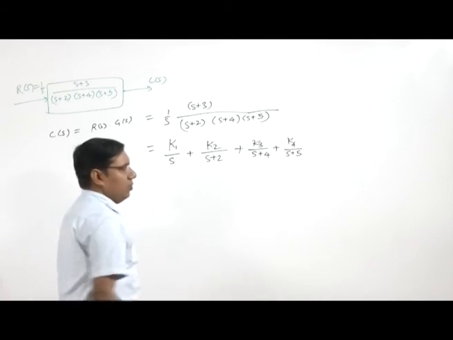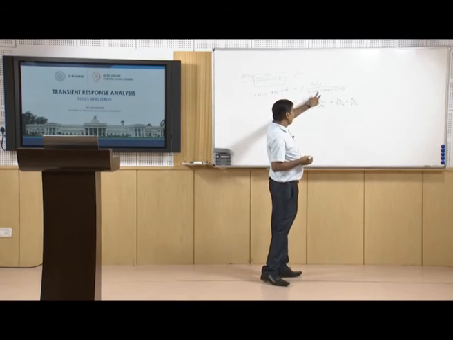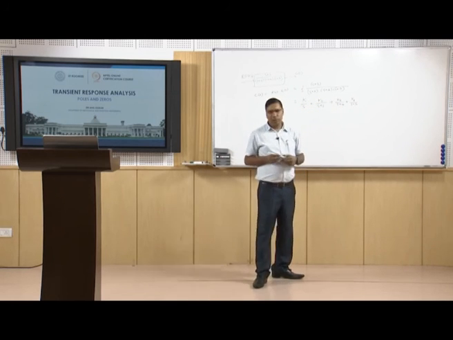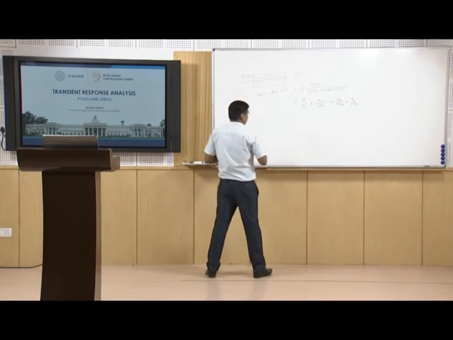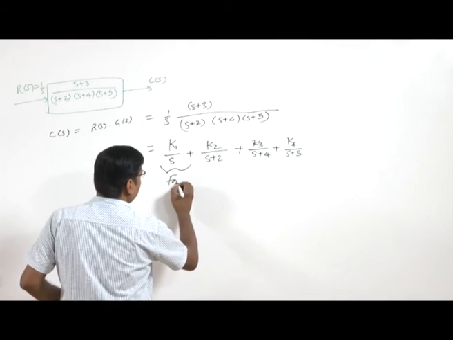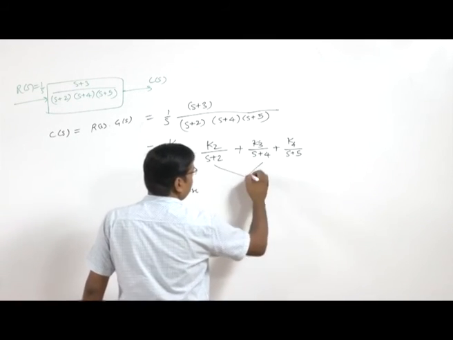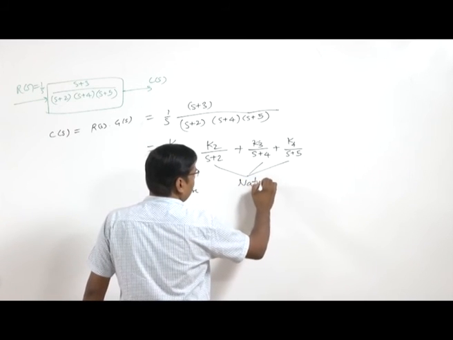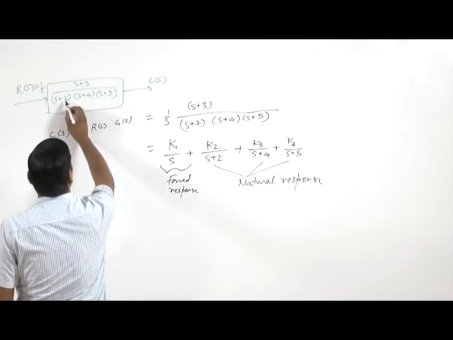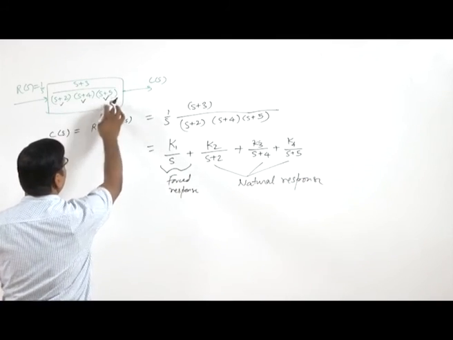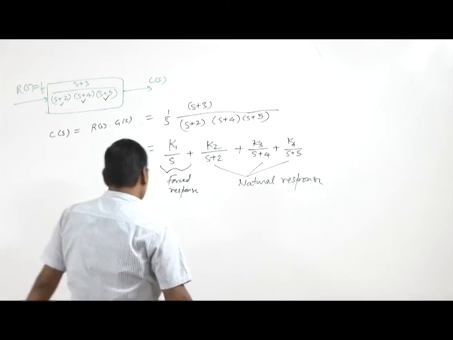By using the method of partial fractions, we can write it in this form and find the coefficients K1, K2, K3 and K4. This is the forced response, and these three are the natural response. You can see the poles at -2, -4, -5 are giving the natural response.